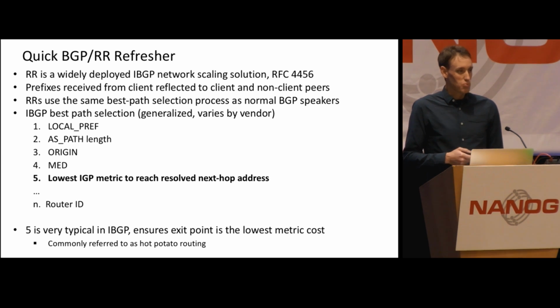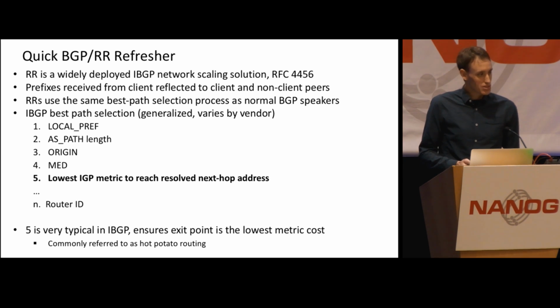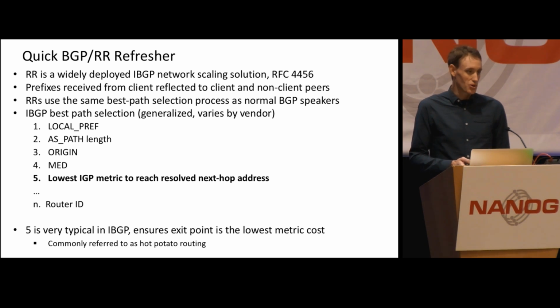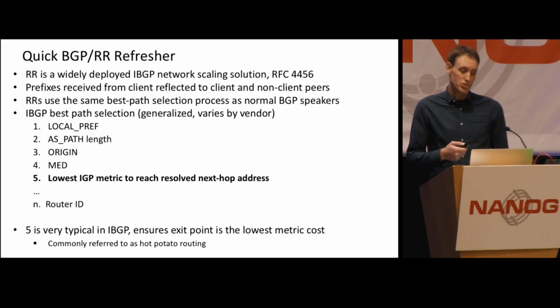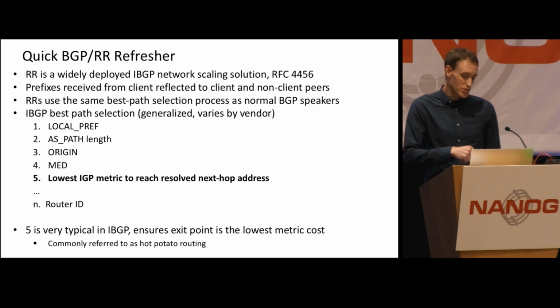An important part is the best path selection process for BGP in general, specifically what's used in iBGP networks. This comes when you've got the same prefix coming from multiple peers, and you have to make a decision. There's a tiebreaker decision process that's followed every time. This is a simplified view of the best path selection process.